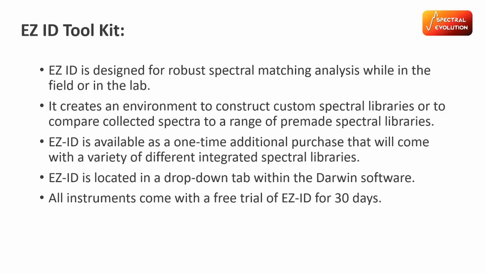So all of the tools are meant to streamline your research and compare collected spectra to library spectra. So this can be taken with one of our instruments or taken from an open source library or some of the libraries that we sell as well.